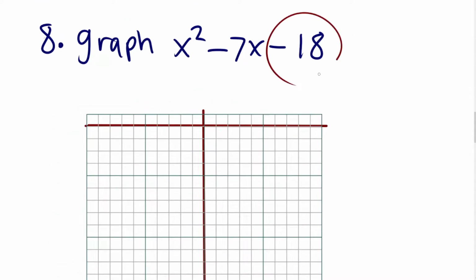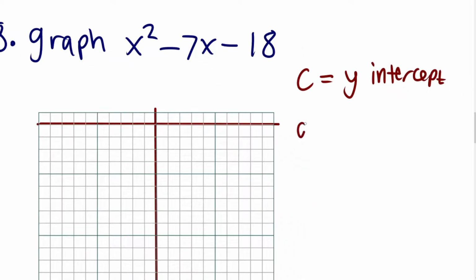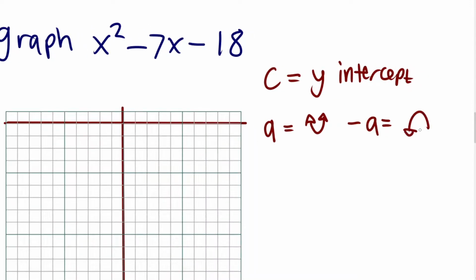This, our C term, equals our Y intercept. Facing down. These are just some tricks that you can use when you are factoring your equations.